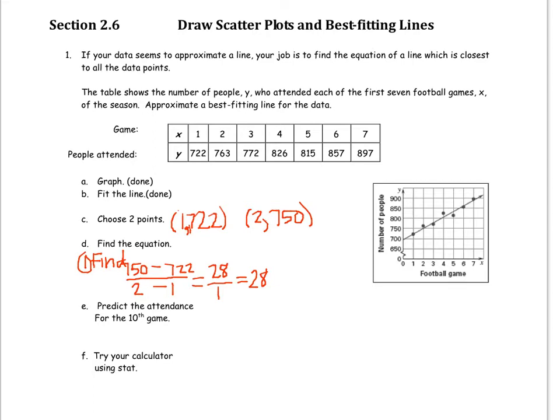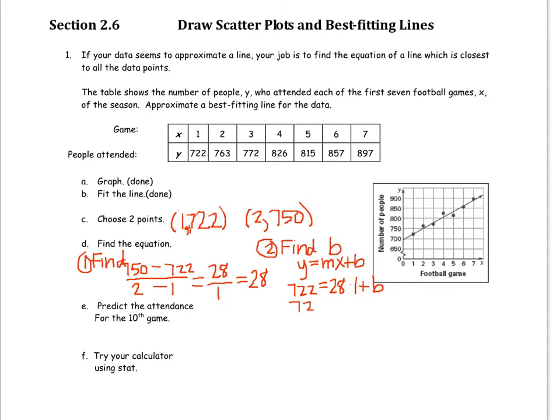So I have to still find my equation. I just found m. My second part is to find b. And remember, we substitute into y equals mx plus b. And we can use either of our points. I'm going to use 1, 722 just because they're smaller. So my y is 722. Equals m is 28 times 1 plus b.